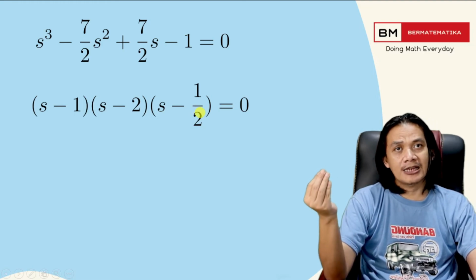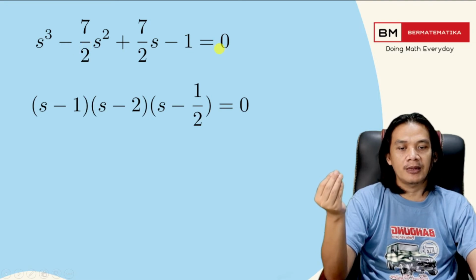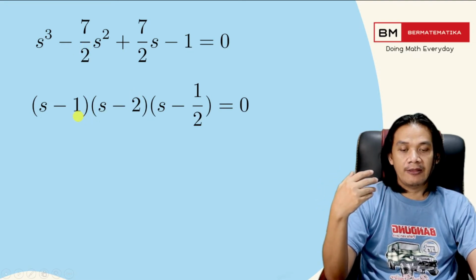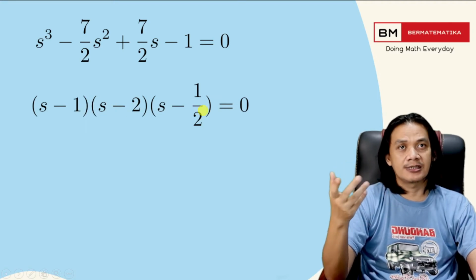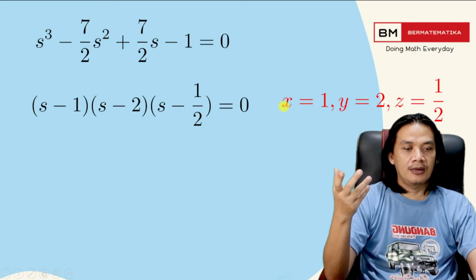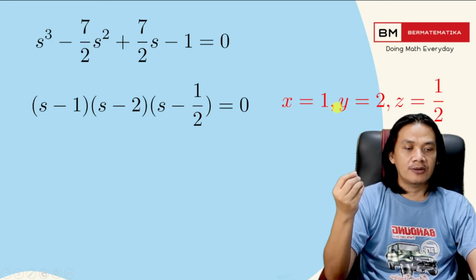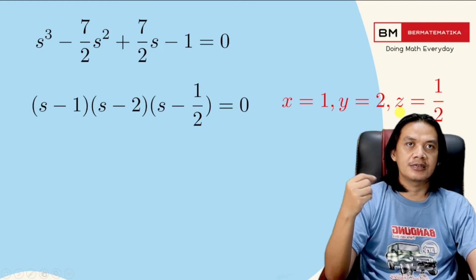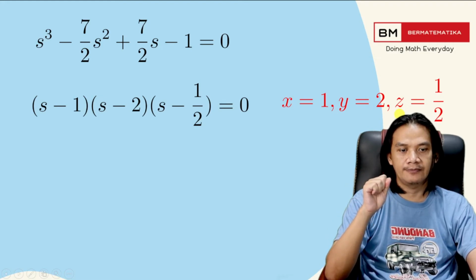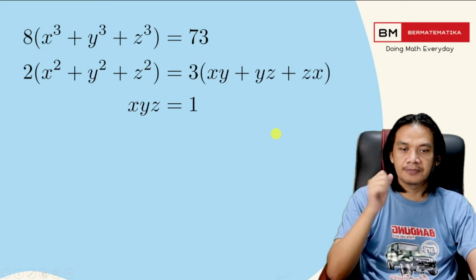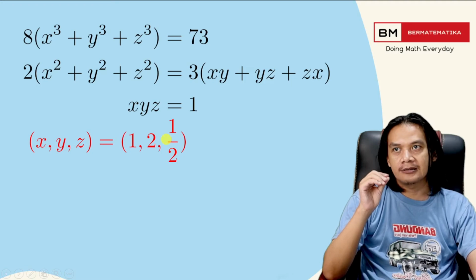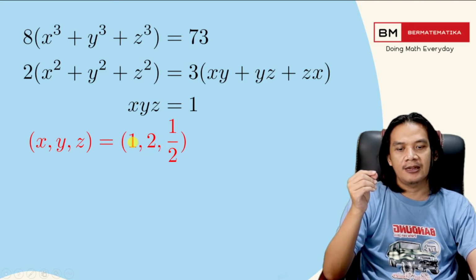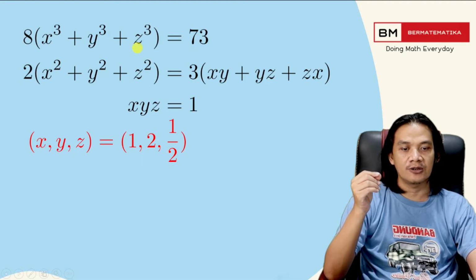So remember that x, y, z are the roots of this polynomial. Therefore x, y, z are 1, 2, and 1/2 in a certain order. So one possibility is x equal to 1, y equal to 2, and z equal to 1/2. Now we need to check explicitly that x, y, z equal to 1, 2, and 1/2 is indeed the solution to this equation.